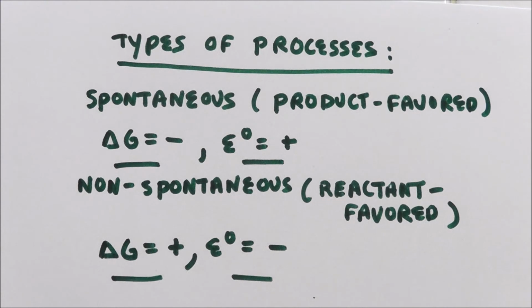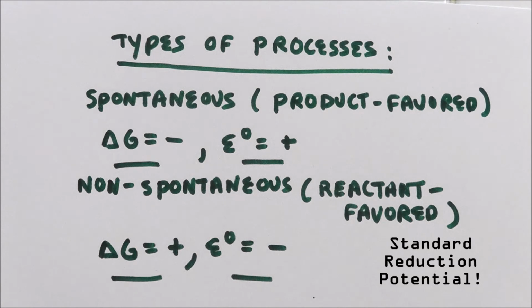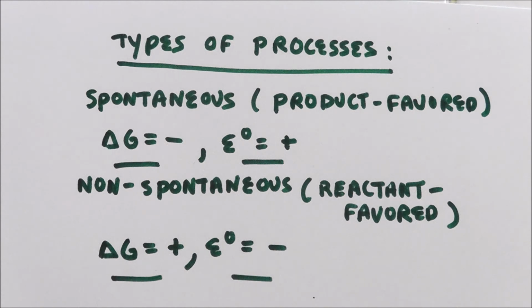Now, later on, we'll talk about delta G, but I want you to think about this thing called E0. That's called reduction potential, standard reduction potential. And then there's non-spontaneous, which means it's kind of like pushing a boulder up a hill. And so let's focus on the E0.